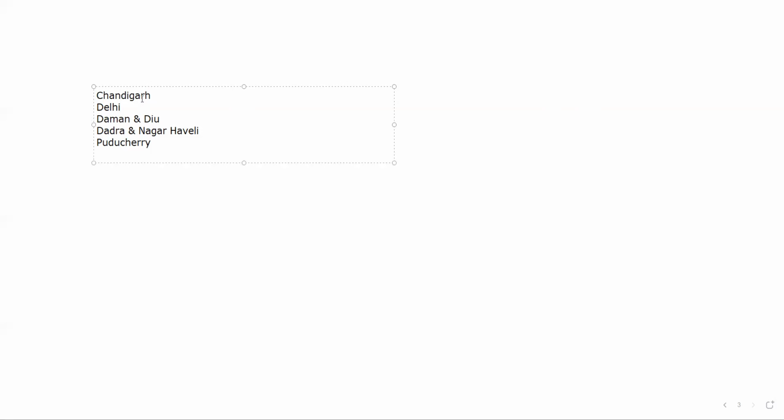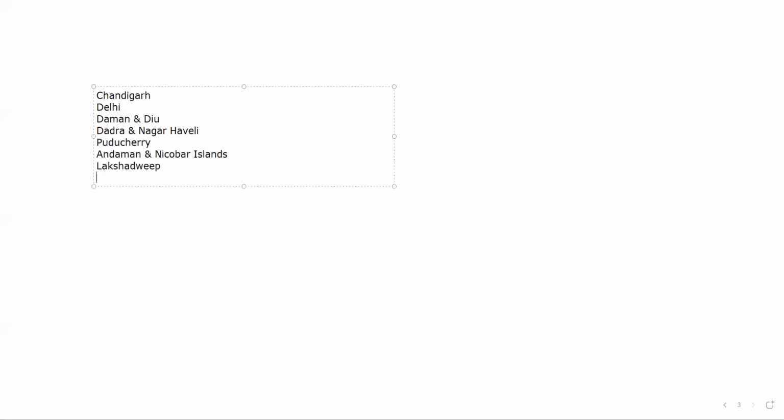The sixth UT is Andaman and Nicobar Islands, and the next UT is Lakshadweep. So 7 UTs are there.